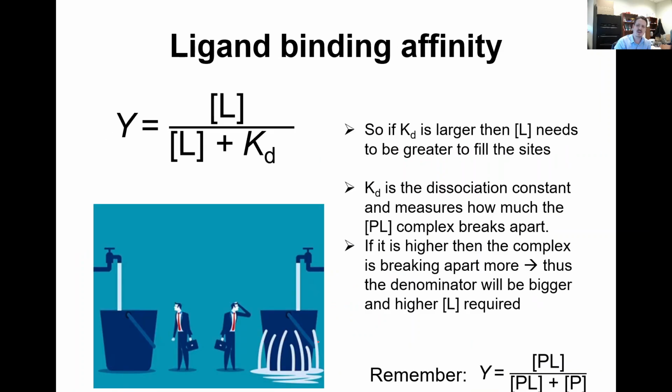The way I like to think of it is using this bucket analogy. On the left, it's just a simple version if you didn't have the Kd. If you didn't have the Kd, then the fullness is just going to be equal to L. If you've got a bucket and you put water into that bucket, the bucket is going to fill up. The more water you put in, the more it gets full.